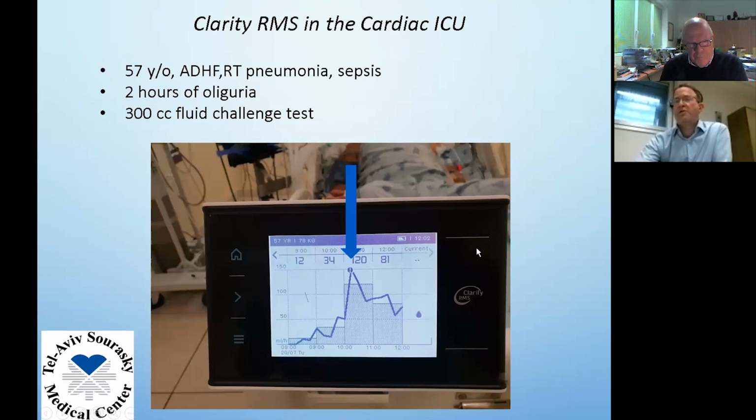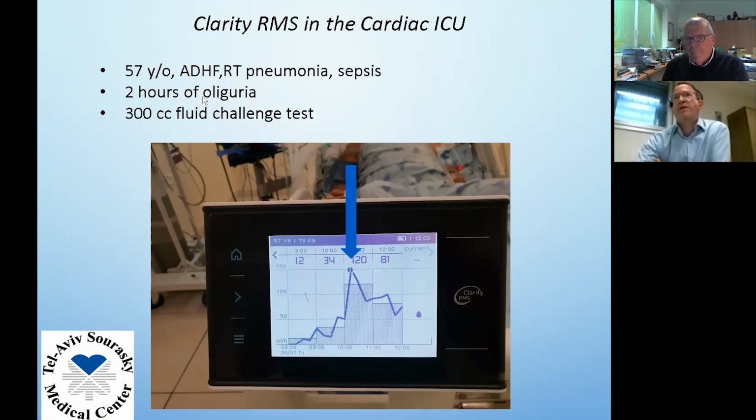As we can see here, the screen of the RenalSense system, we have columns representing hourly changes in urine output, and within each column we can see squares representing 15 minutes intervals. So we can see also not only changes every hour, but changes within the hour itself.